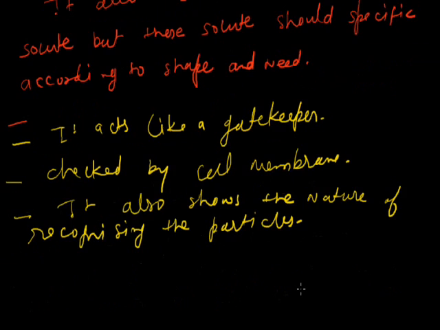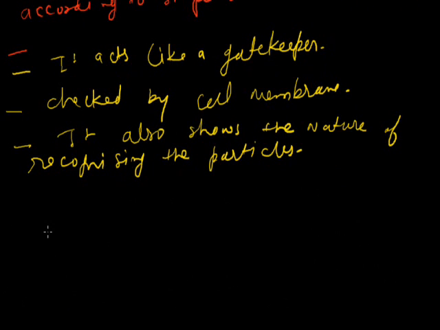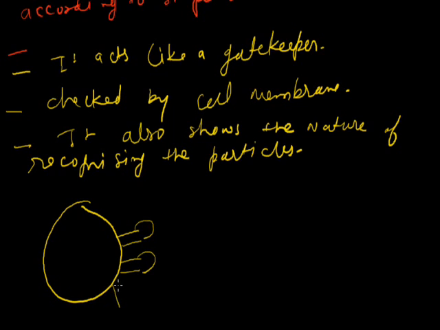If I draw the diagram of a cell membrane, suppose this is the cell membrane. At the outer surface of the cell membrane there are some specific proteins present. These proteins are specialized to let specific things enter inside.